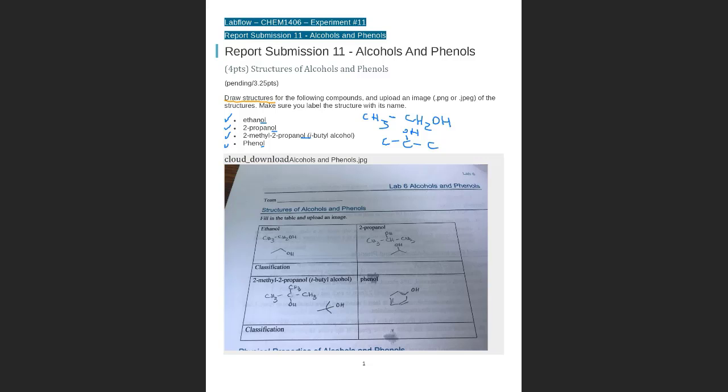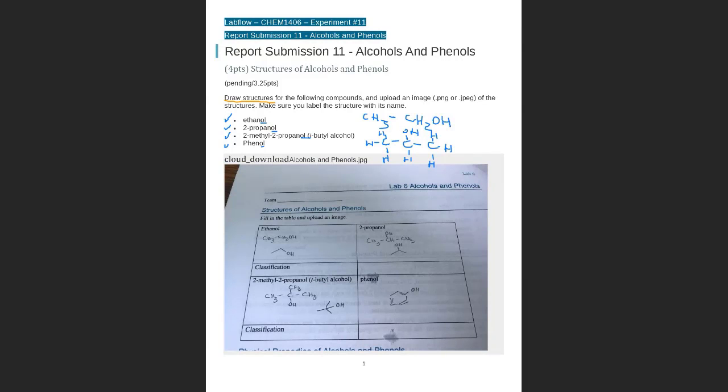And then we just need to complete with hydrogens, because carbon has to have 4 bonds, and the rest will be the hydrogens. So this is going to be the structure of 2-propanol.